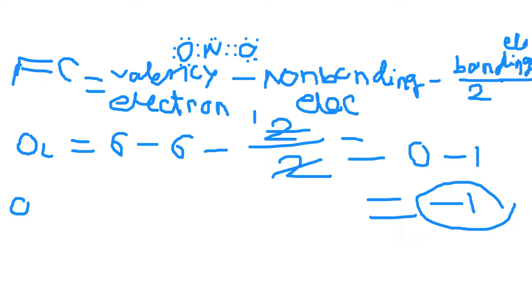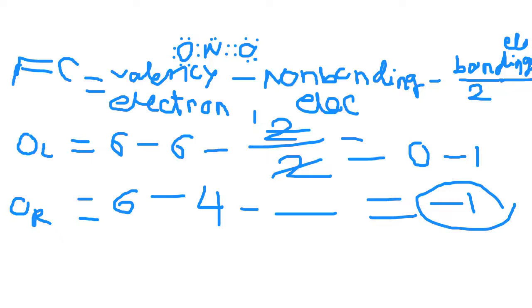So for the right side oxygen, how many valence electrons are here? The same, we know this is 6 electrons. How many non-bonding electrons are here? It is not the same here, because here it is a double bond, correct? More participation for making a bond. So here the non-bonding electrons will be these 2 and these 2. You guys are clear about it? So we write 4.